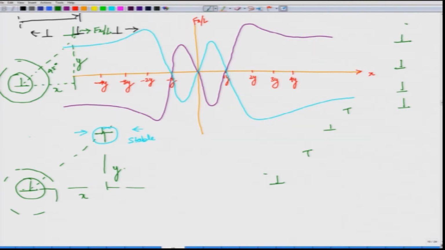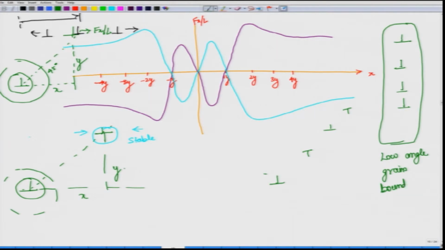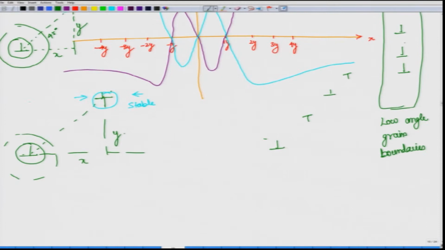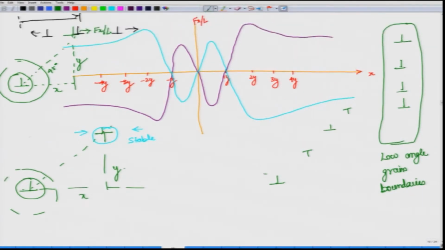And if you have been exposed to a little bit of physical metallurgy, you would know that this kind of dislocation arrangement is also called a small angle or low angle grain boundary. Automatically, if you allow the dislocations to move, they will align like this, because each of them gives a small misorientation between the two crystals.